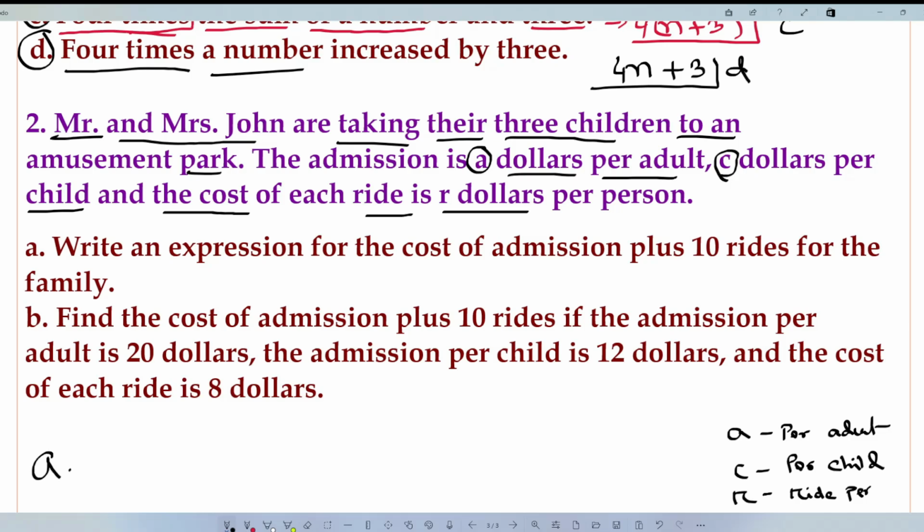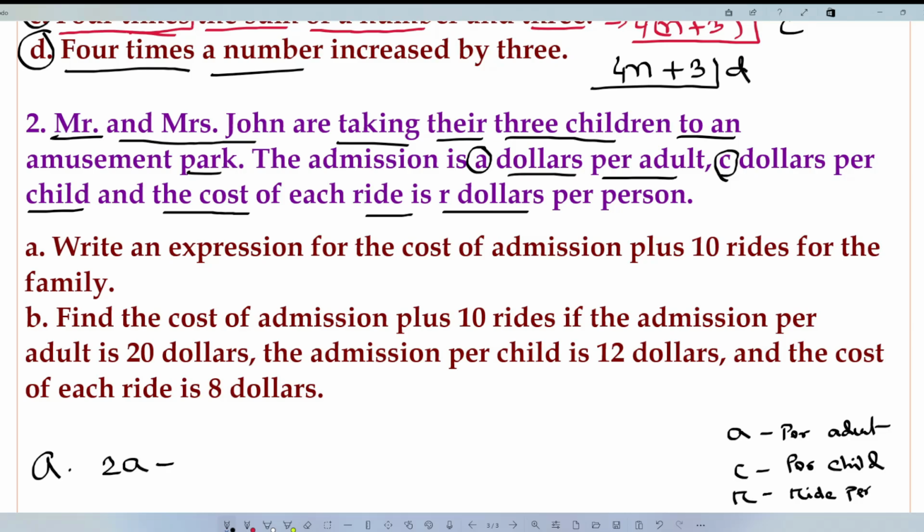So the first question is, write an expression for the cost of admission plus 10 rides for the family. Okay, so we need to make an expression. Adult, how many persons? 2 persons, Mr. and Mrs. John. Each person A dollars, so 2 persons is 2A.